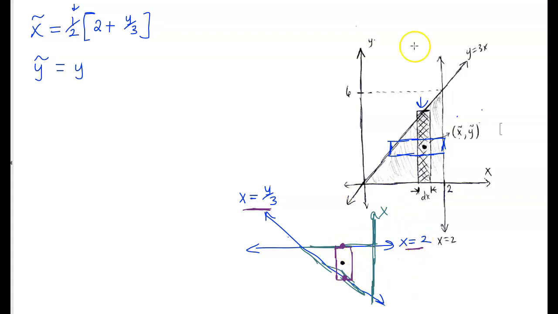In the grand scheme of looking at things, this is where your x tilde would be for this, and your y tilde would be here. And of course, that would just be equal to y. And so that's how we would actually model the x tilde and the y tilde.